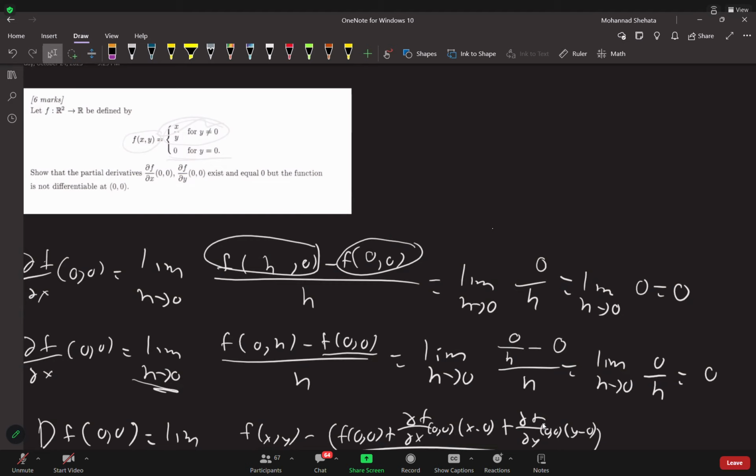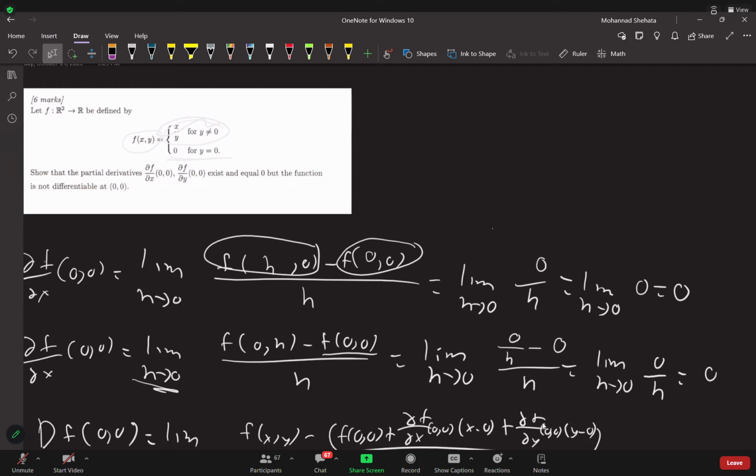All right, which path would you pick? x is equal to y. Yes, you can pick x is equal to y.